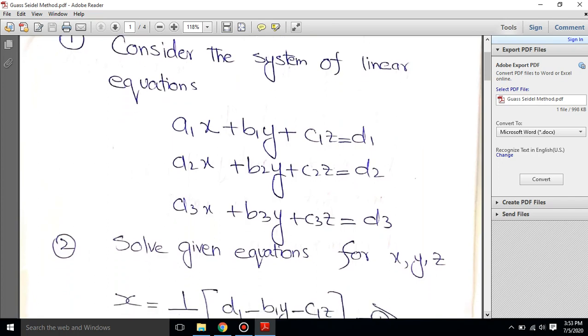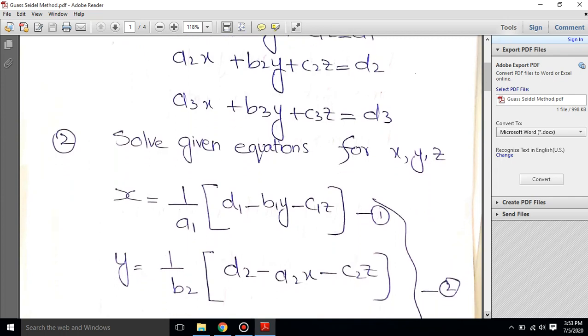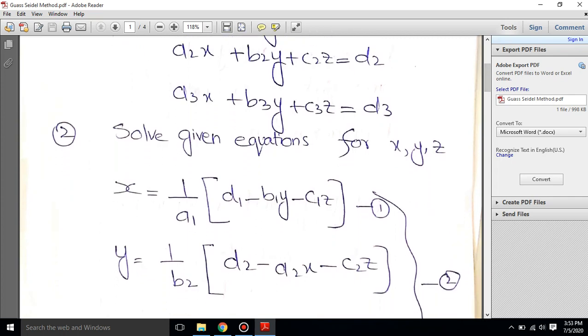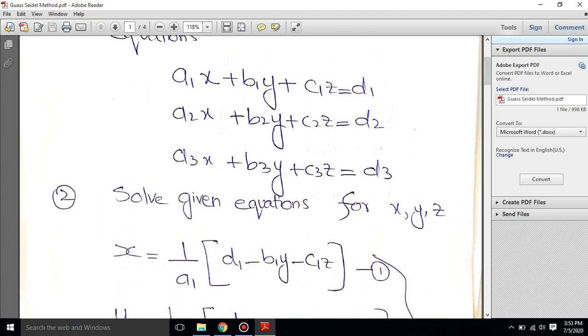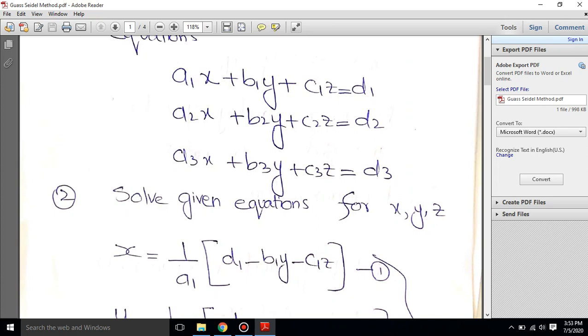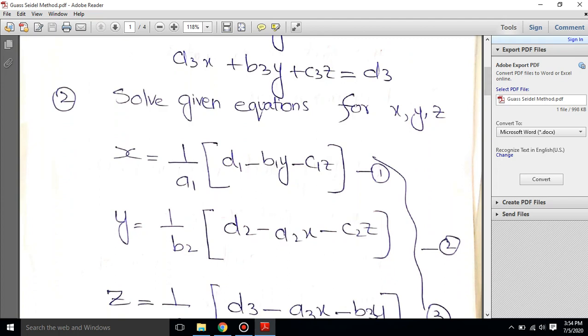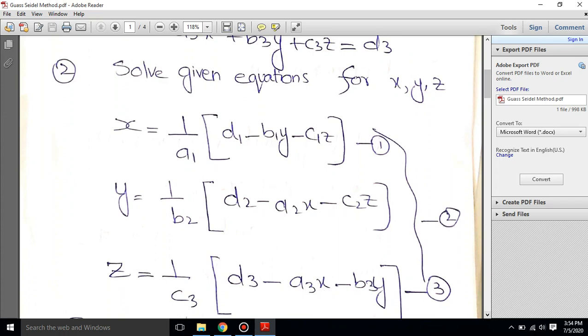As far as its working is concerned, from this given set of linear equations we're going to find the values of the variables x, y and z. The value of x will be equal to 1 over a1 times (d1 minus b1y minus c1z), y is equal to 1 over b2 times (d2 minus a2x minus c2z), and z is equal to 1 over c3 times (d3 minus a3x minus b3y).